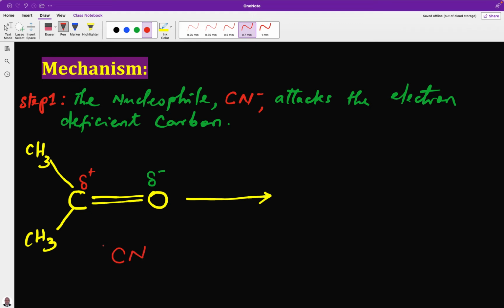This is the nucleophile here. As I said, a nucleophile is an electron pair donor. So when the nucleophile attacks the electron deficient carbon, you have to use the curly arrow to show the movement of the lone pair of electrons on the nucleophile.